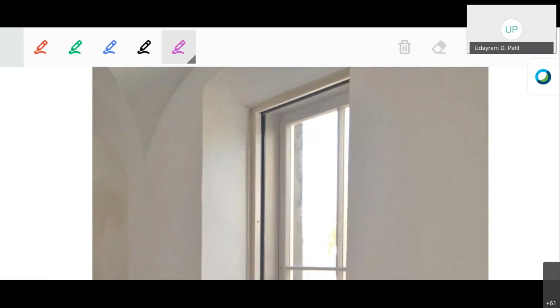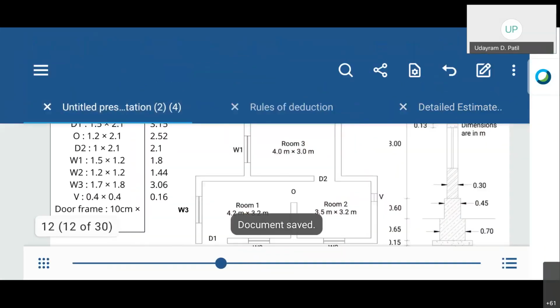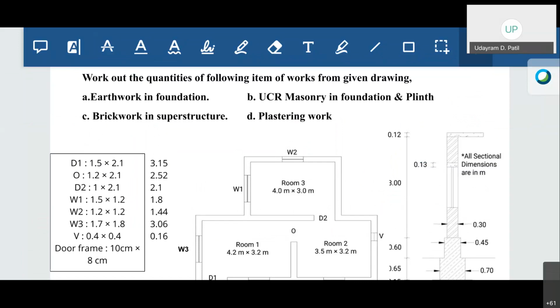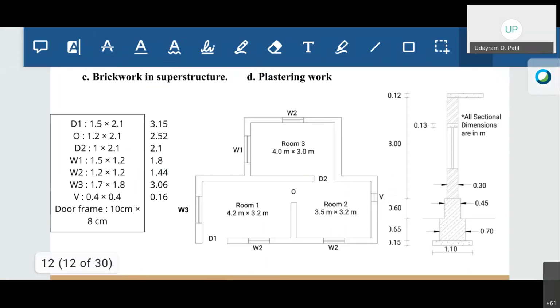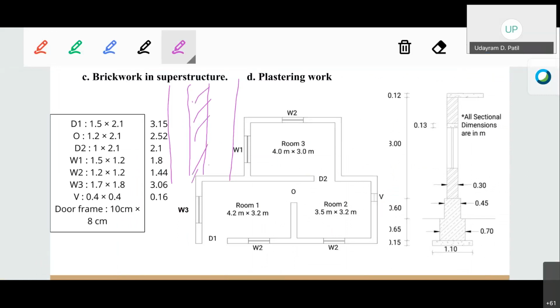Now, this particular width will be, in our case, the door frame size given. So suppose this is the wall, okay? This is the particular wall. In that, you will have the frame. This will be your door frame, at the center of this wall. For the internal plastering, you will plaster this particular portion. For external plastering we are going to plaster this particular area.